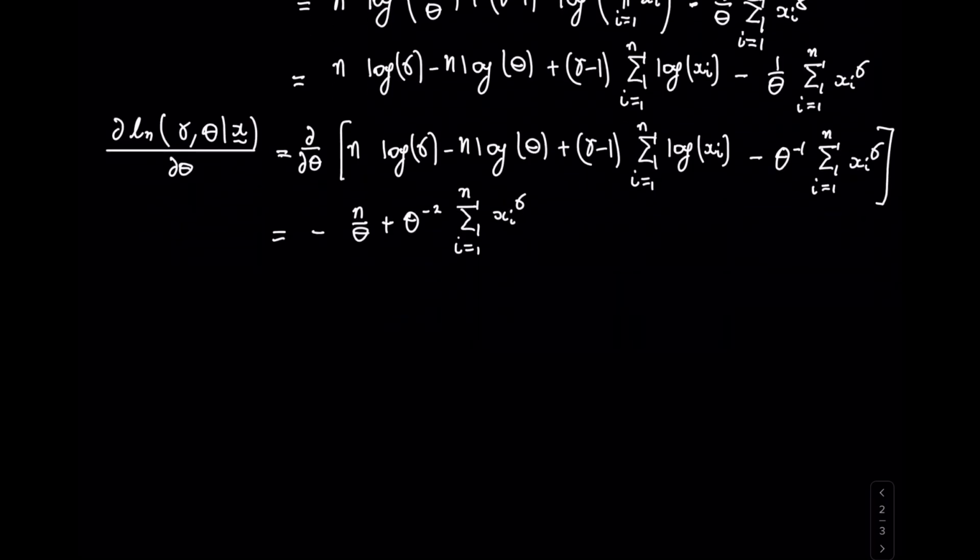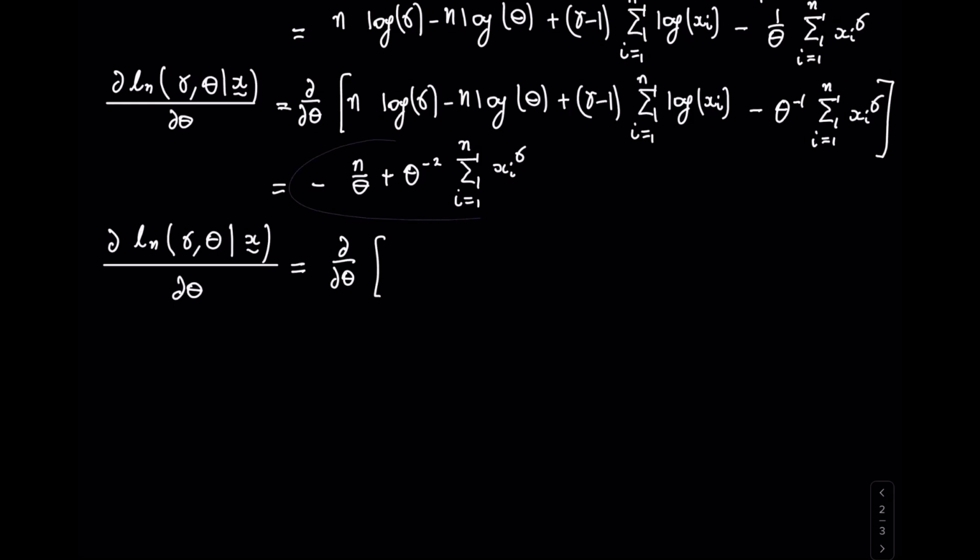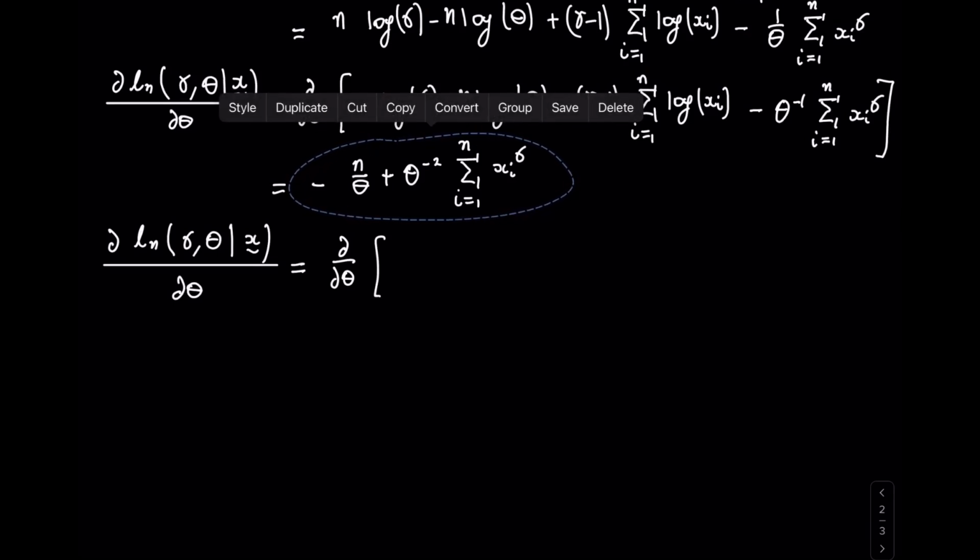Cool. Now again, we're going to find the second derivative with respect to theta. So we'll go d of l of gamma, theta given our data, and we'll put that in brackets, d theta, is equal to the partial derivative of, now this term here, the partial derivative with respect to the first partial derivative.